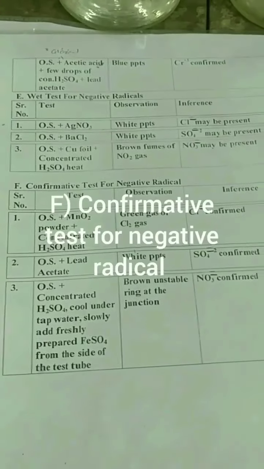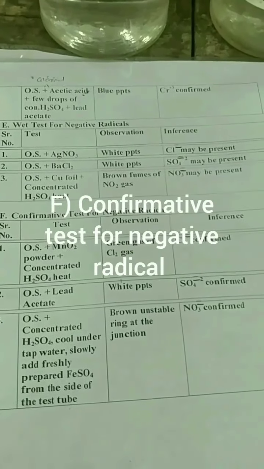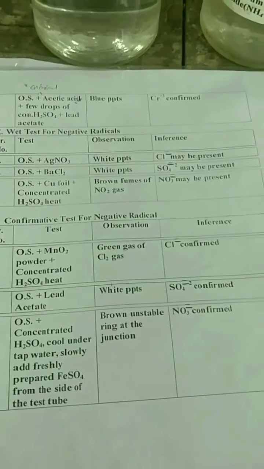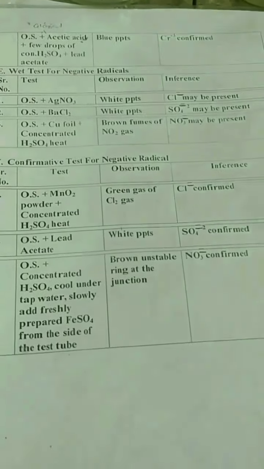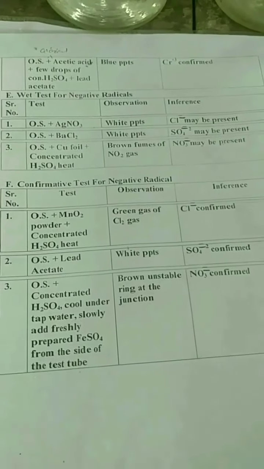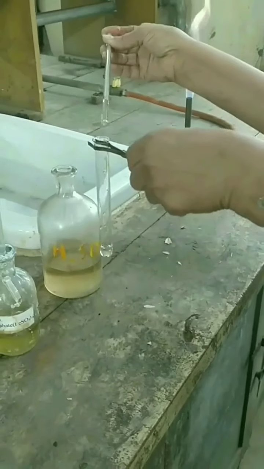Now we will do the F part, that is confirmative test for the negative radical. In this we will do the confirmative test for nitrate. For this we will take little amount of OS in a test tube. Then we will add concentrated H2SO4.